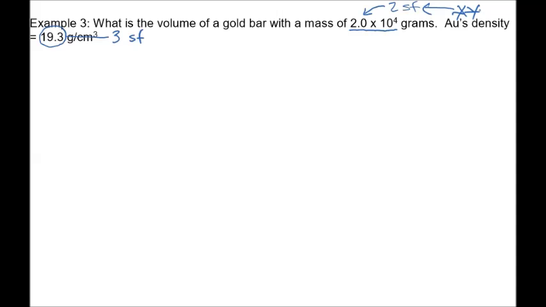All right, here goes. Let's write down what we have. We have mass is equal to 2.0 times 10 to the 4th. Volume is what we are looking for. And our density is equal to 19.3. So we're going to use the density equals mass over volume.